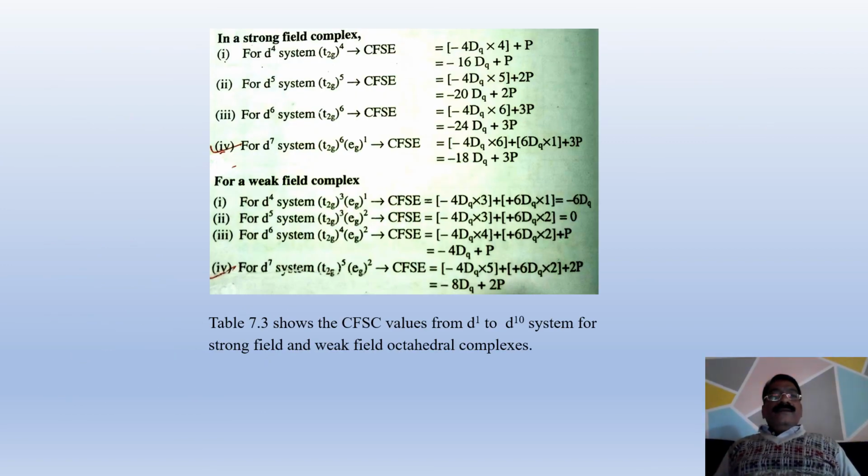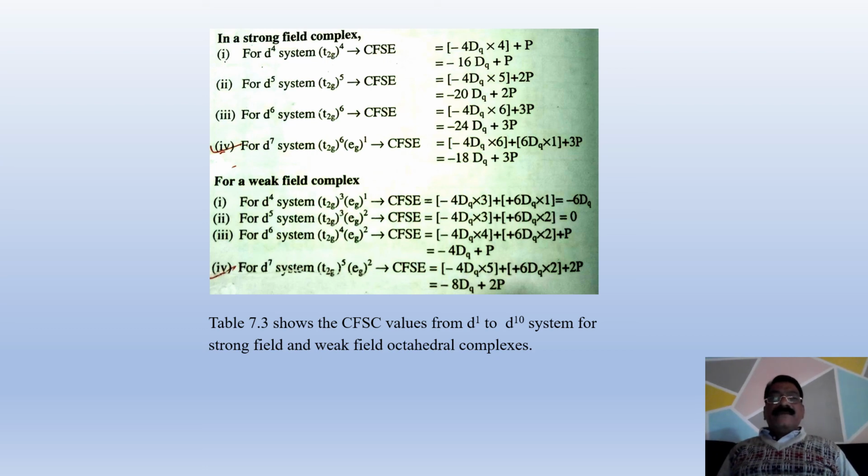In strong field for the d4 system, all electrons are in the t2g. It is the t2g4 configuration and therefore it is minus 4 into 4 plus 1 pairing. D5 system, minus 4 Dq into 5 plus 2 pairing is equal to minus 20 Dq plus 2 pairing.